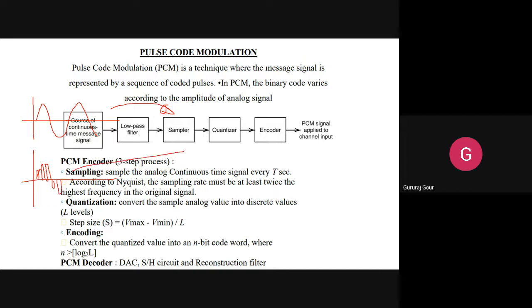This is where we follow the Nyquist criteria. The Nyquist criteria tells us that the sampling frequency should be greater than or equal to twice the highest frequency component, that is twice FM, the maximum frequency.